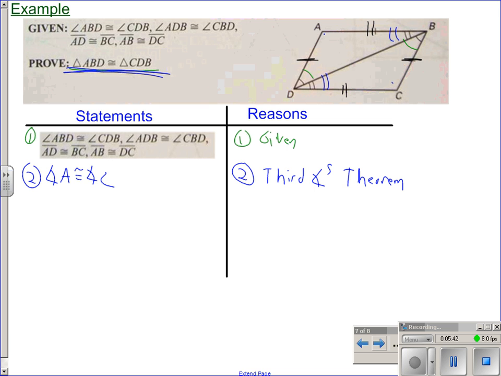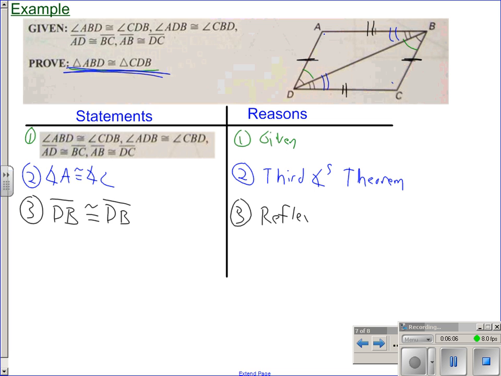The third side is DB. Well, it's the same side in both triangles. This is where we use the reflexive property. Segment DB is congruent to segment DB. It is a single segment in this picture, but we're using it in two separate triangles. And this is the reason that we use that reflexive property.